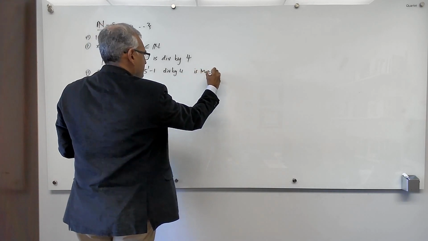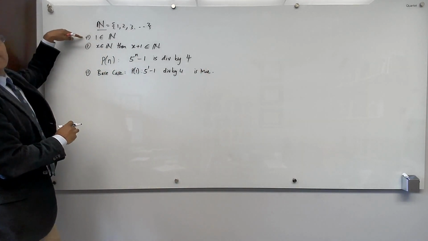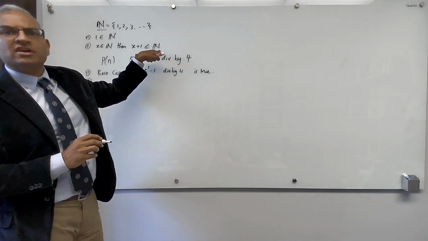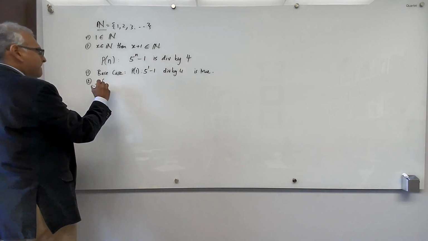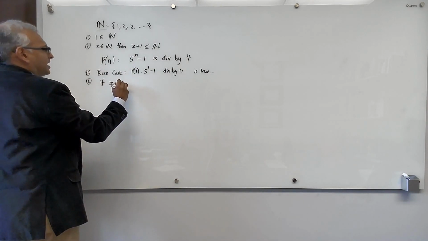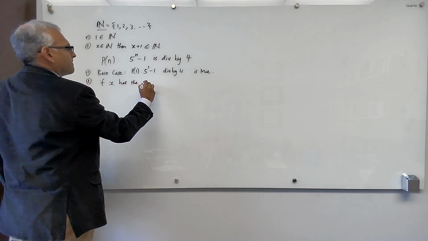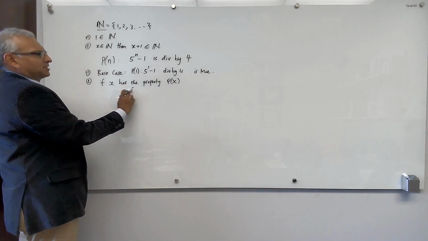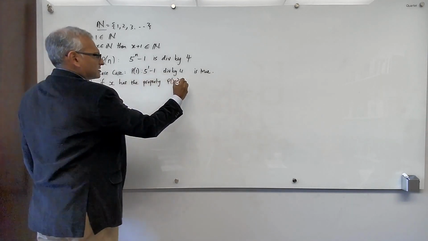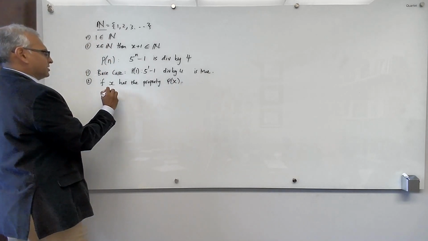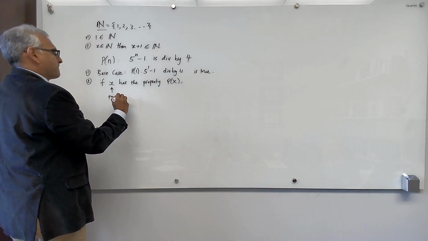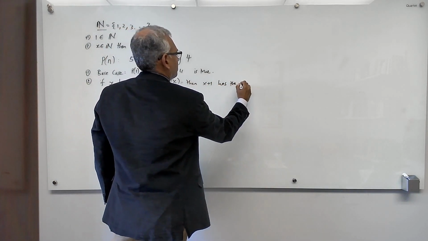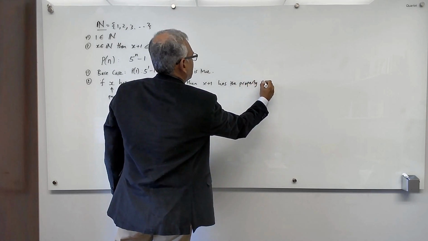So this is true. My primordial ancestor has the property, and now I need to show that my constructor rule preserves the property. So if X has the property P of X, so if X satisfies my claim, this is the parent, then X plus 1 has the property P of X plus 1.